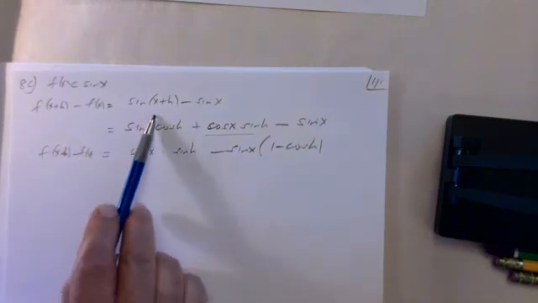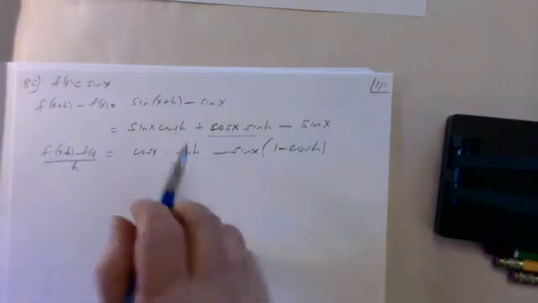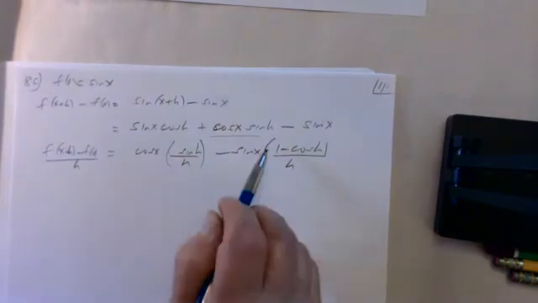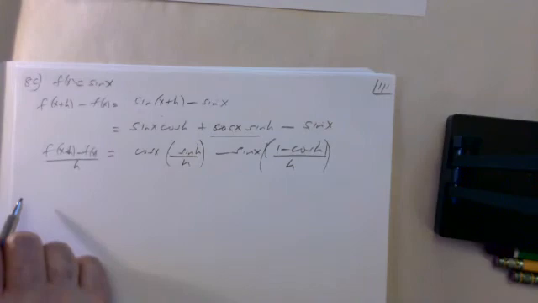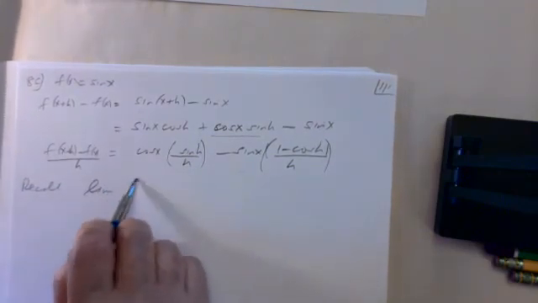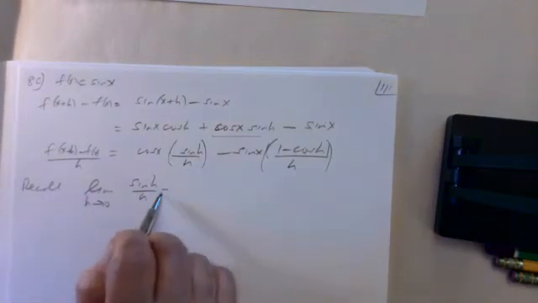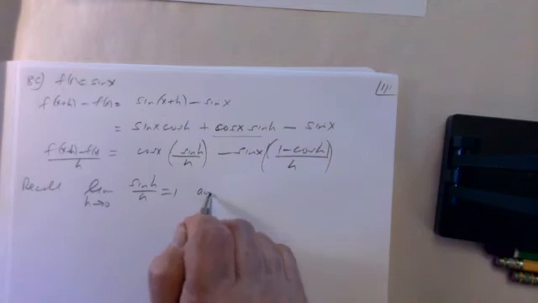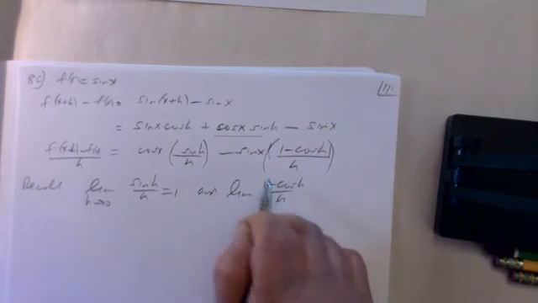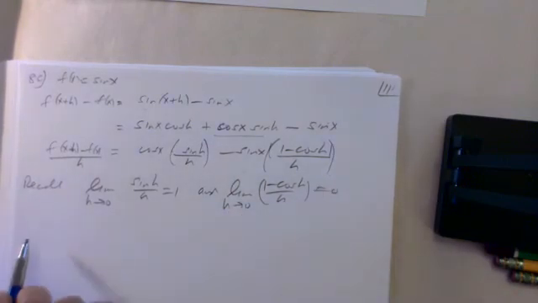So using the addition formula for the sine, I get this. And if I divide by h, I have this. And now remember, the limit of sine h over h as h goes to 0 is 1. And the limit of 1 minus cosine h over h as h goes to 0 is 0.